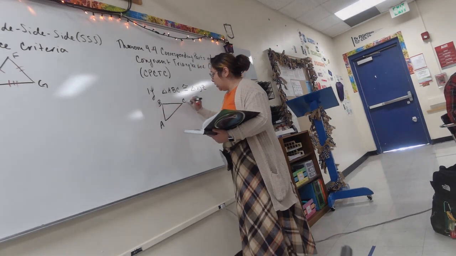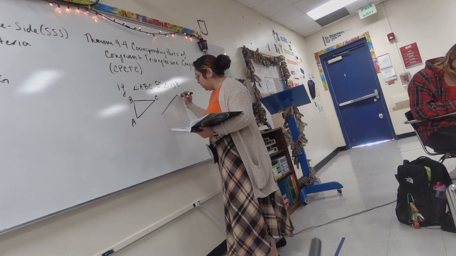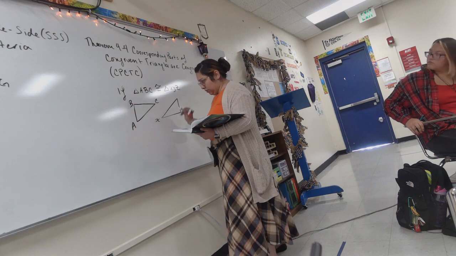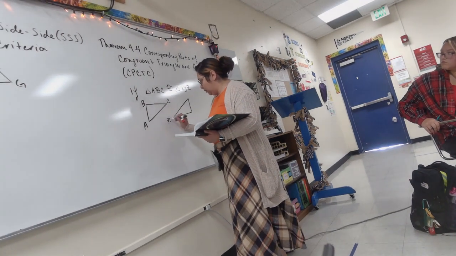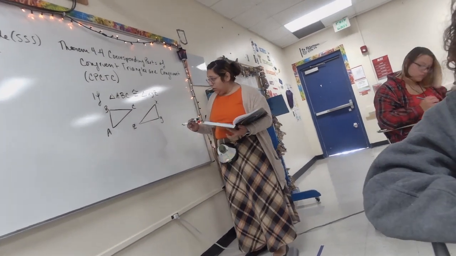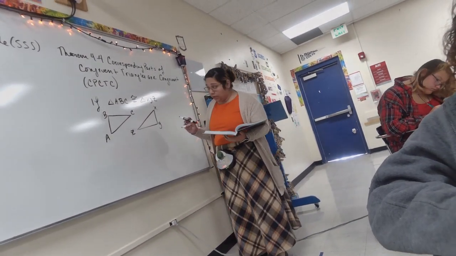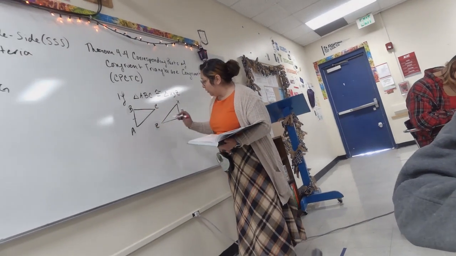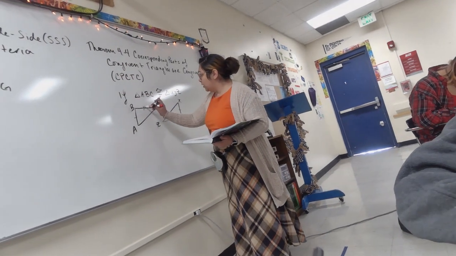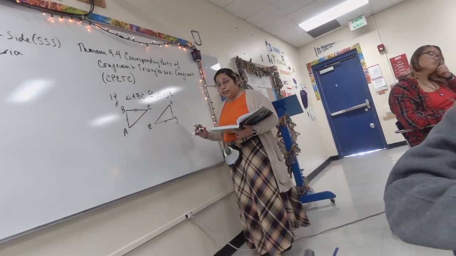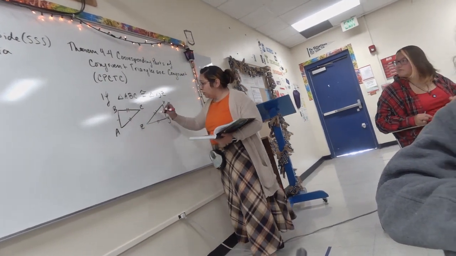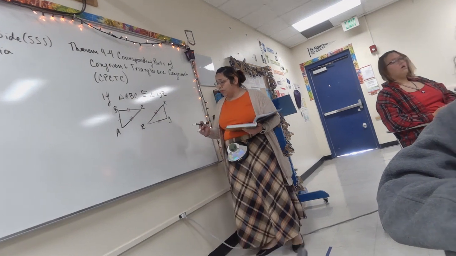A, B, C. Then AB is congruent to XY. You have BC is congruent to YZ. AC and XZ are congruent. Third dash thing. There we go.